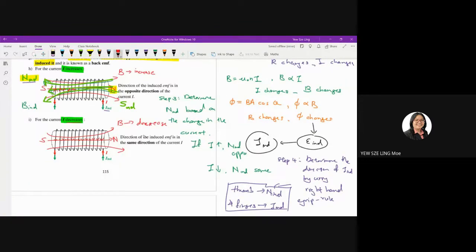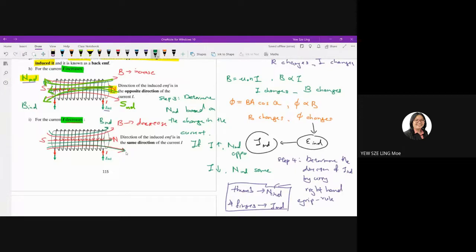What happens when your B decreased? Because the solenoid wants to oppose a change, B induced will be generated in the same direction to top up the magnetic field lines that you took away from it. So now B induced is in the same direction.